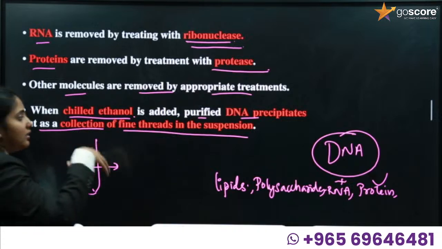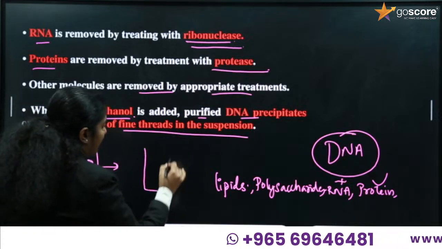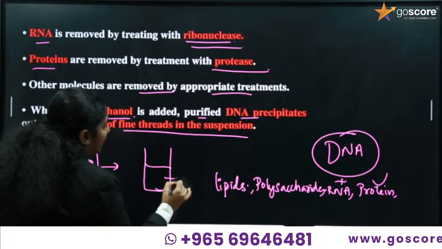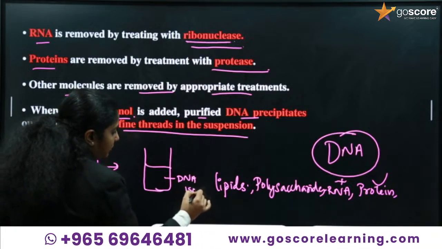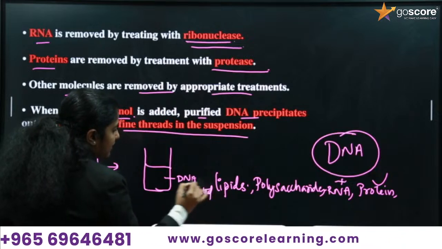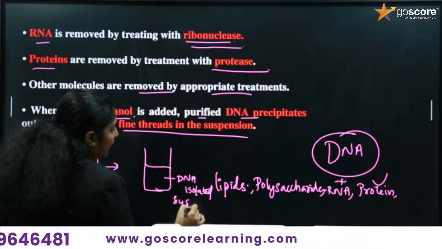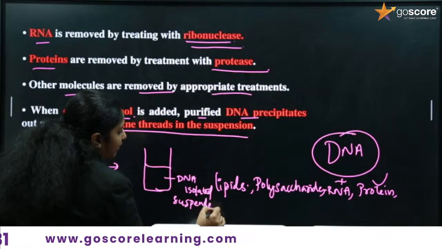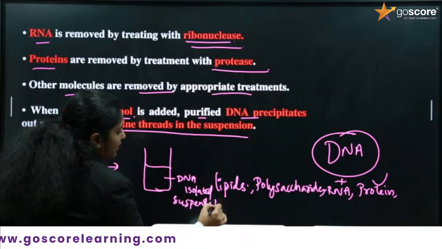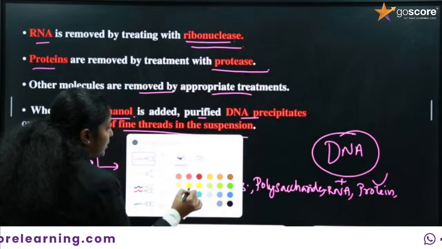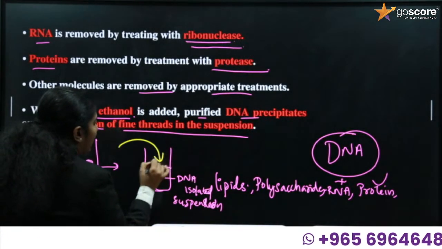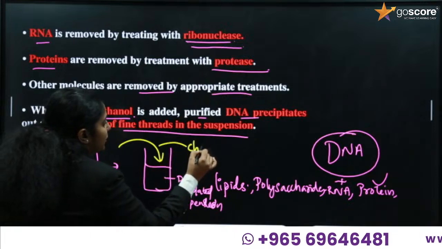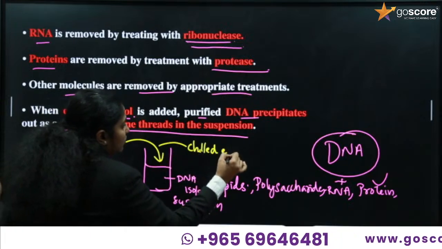This is the isolation. This is the DNA isolated suspension. When we add chilled ethanol into it, what happens?